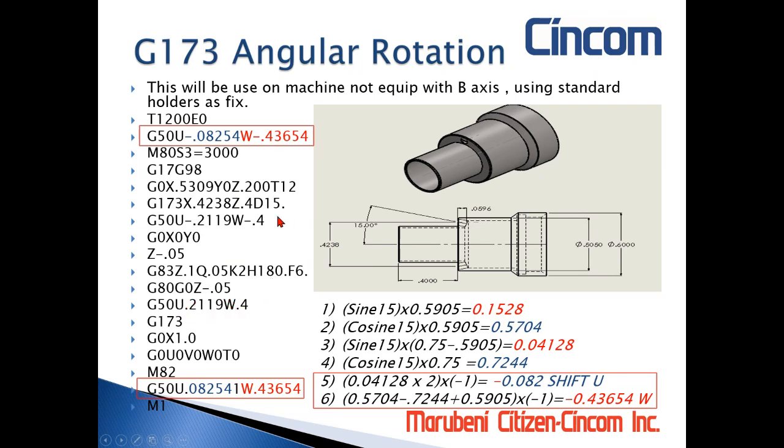This one here will be this one. And then obviously the angular rotation command, you have to cancel, and then just move out of the way, cancel our shift, and cancel our first shift that we calculated from our tool stick out.